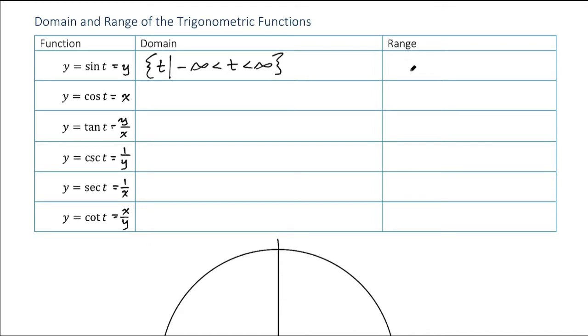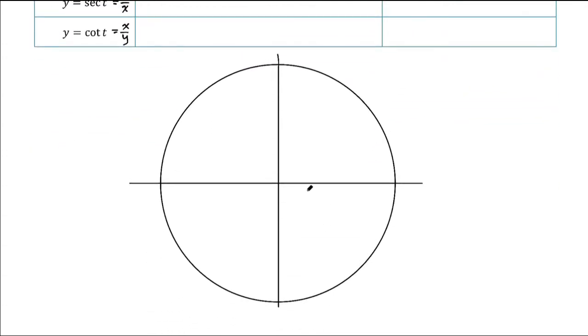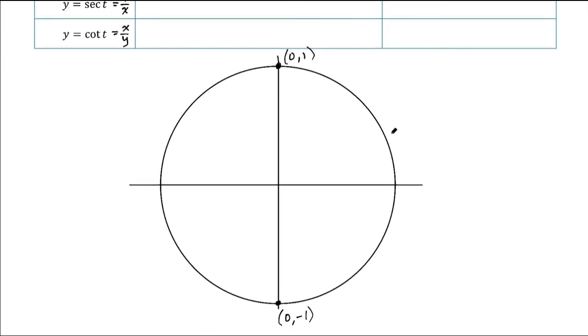Now let's talk about the range. The range is the possible output values, and I know that my output value, the sine, is the y-coordinate. So the question is, what are the possible y-coordinates here? Well, I know my very highest point up here is at the point 0, 1, and my very lowest point here is at 0, negative 1. And I can have all the y values in between. And so my range is going to be everything between negative 1 and 1.